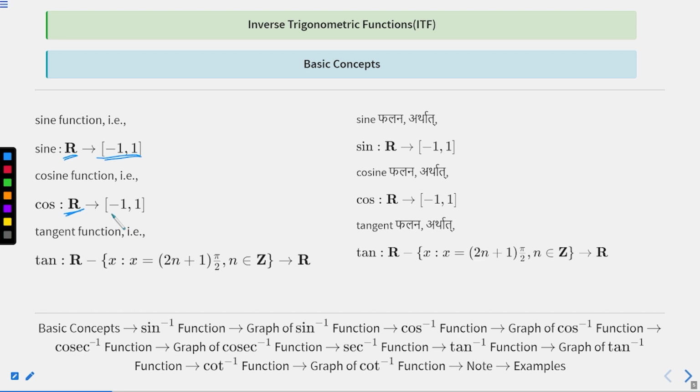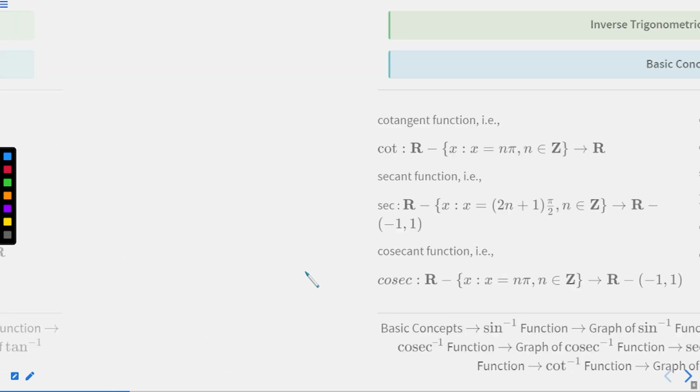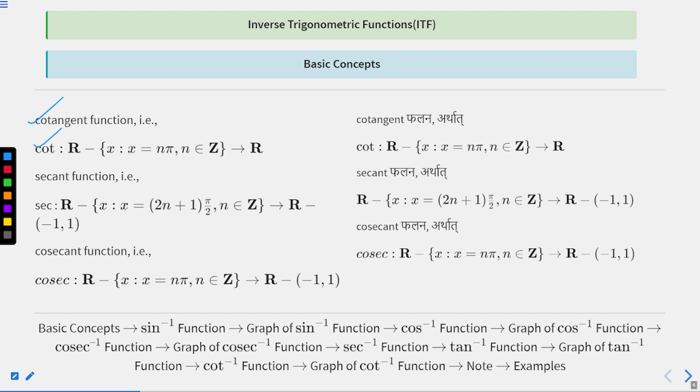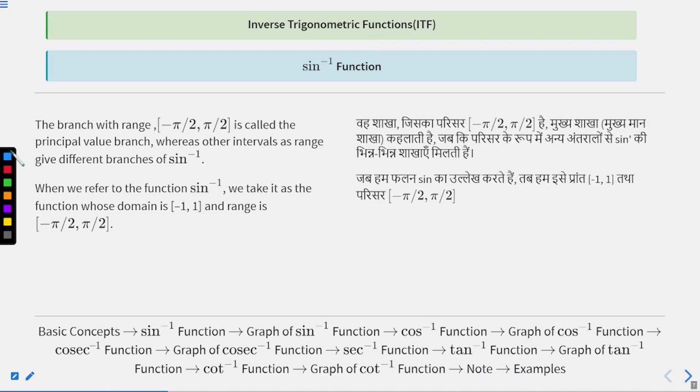Cos is also from R to [-1, 1]. Tan's domain is any real number except odd multiples of pi by 2, and the range is the whole of R. For this we already discussed, so I'm not going to say it again. Let's move to the main thing, the ITF, starting with the sine inverse function.